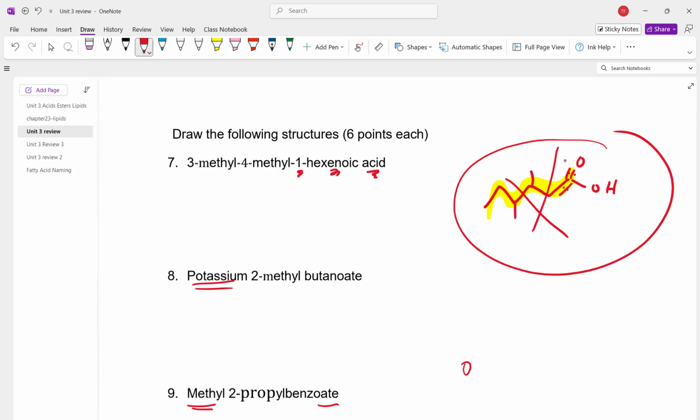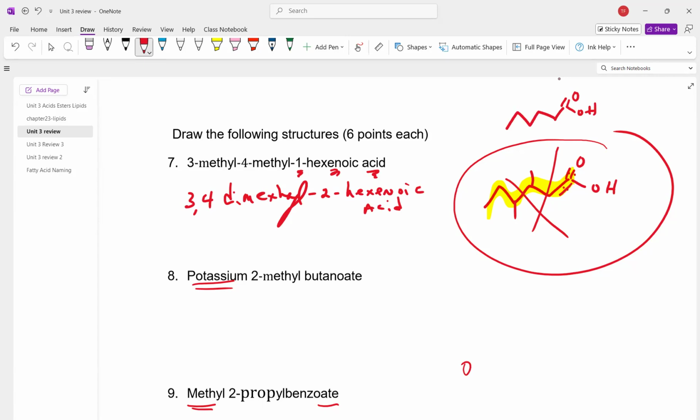If I was to rewrite this, I would say something like 3,4-dimethyl-2-hexenoic acid. So that's now a 6-carbon-long acid: 1, 2, 3, 4, 5, 6.